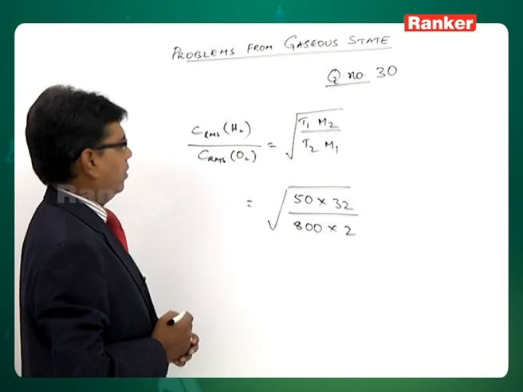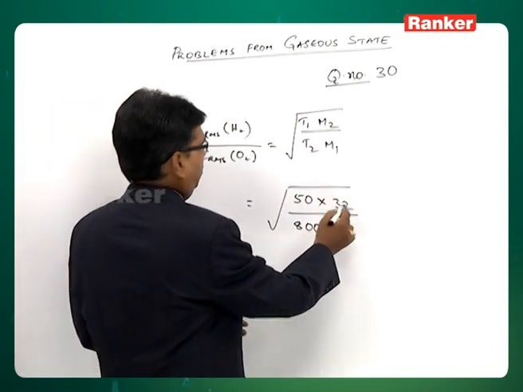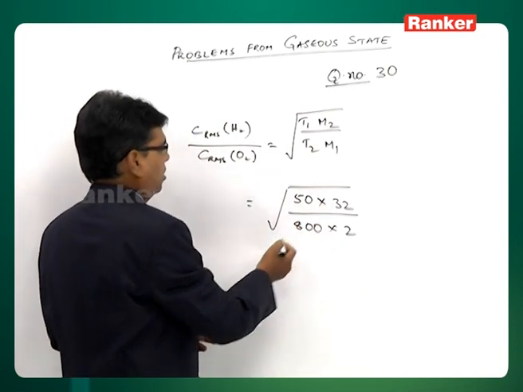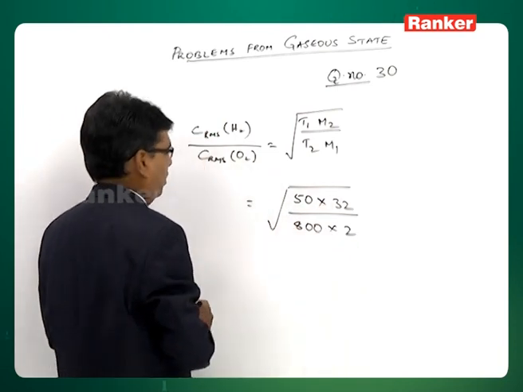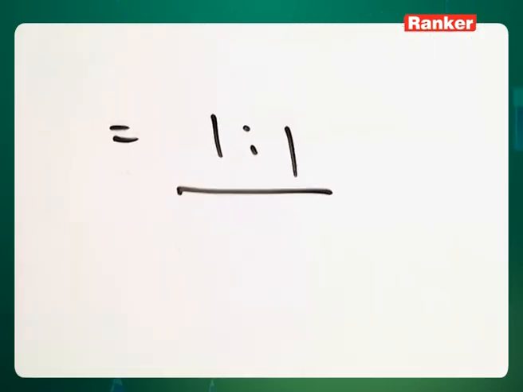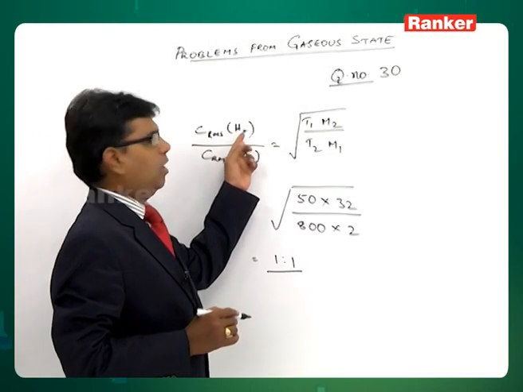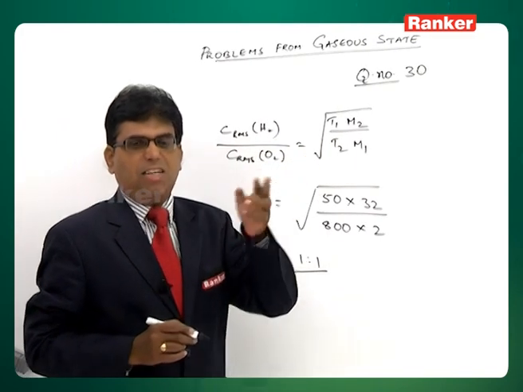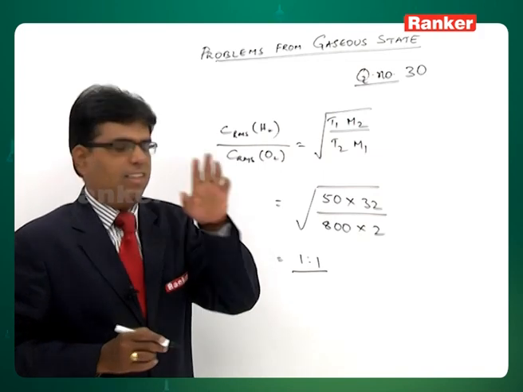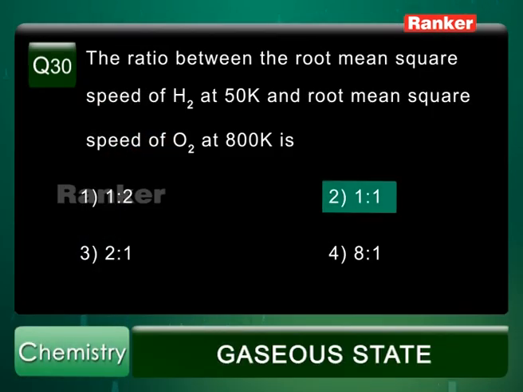So, 50 into 32 is 1600, and 800 into 2 is also 1600. So, this is equal to 1:1. That means the RMS velocity of hydrogen at 50 Kelvin is the same as the RMS velocity of oxygen at 800 Kelvin. So, the correct answer is 1:1, that is option 2.